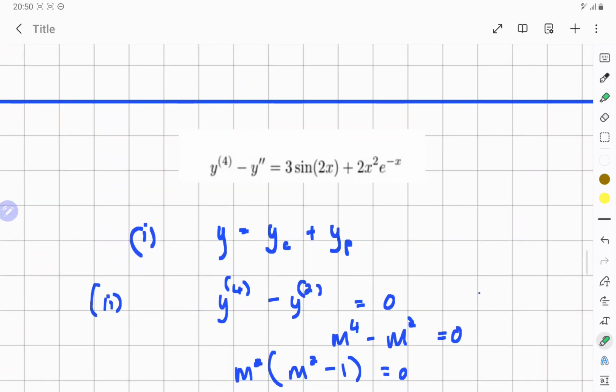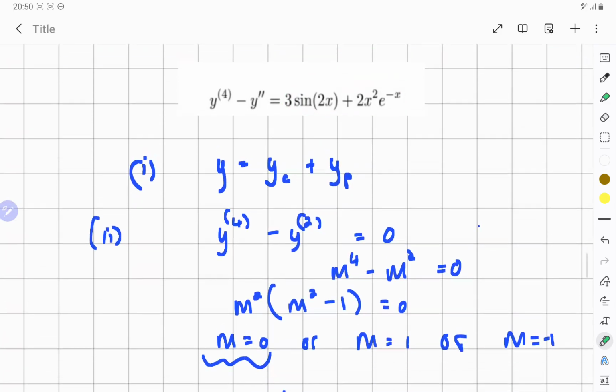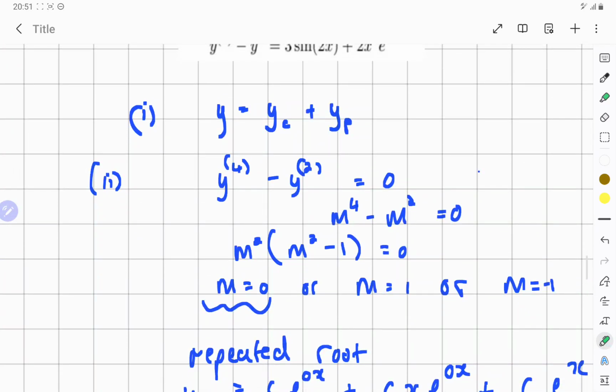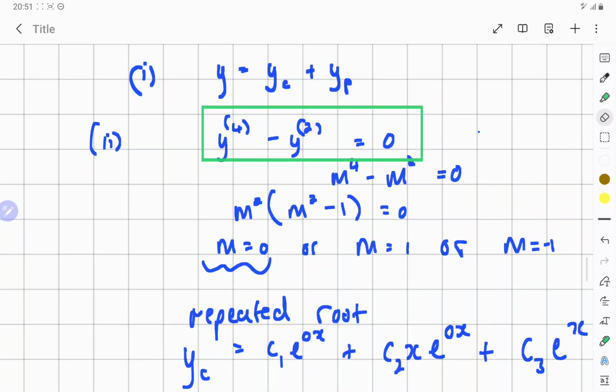But what did I just say? Whenever you get non-homogeneous, for the general solution you always need to solve the homogeneous differential equation first. So let's just recap that quickly.